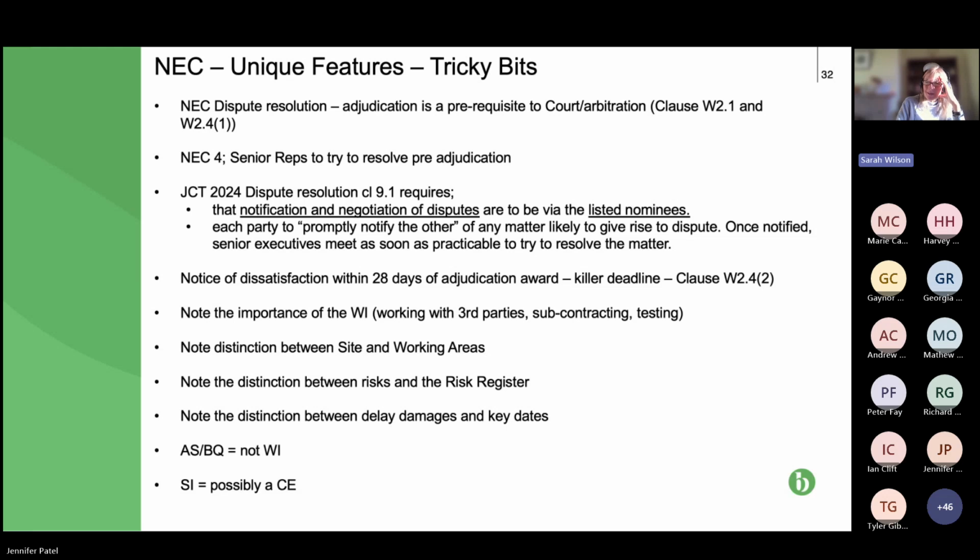The senior representatives, who would usually be director level from each organisation, meet to try to reach a resolution. If you can't reach a resolution, you're free then to go off to adjudication. You don't have to use that mechanism. You can ignore it and go straight to adjudication. But I think in a lot of disputes, it would be quite a good thing to do.